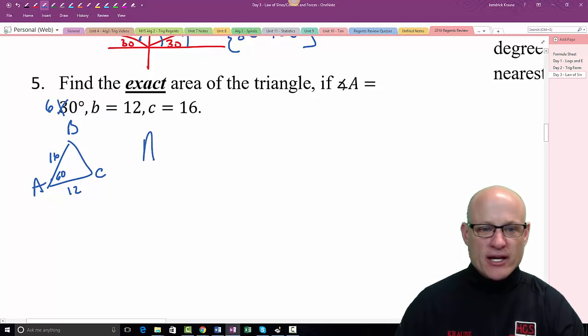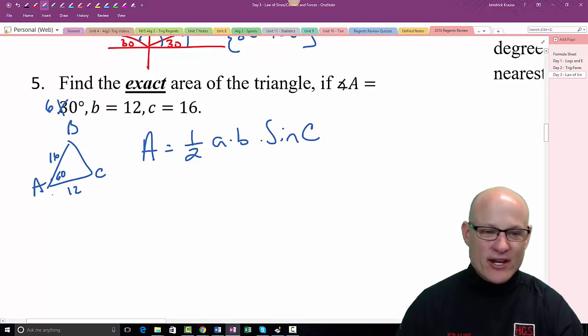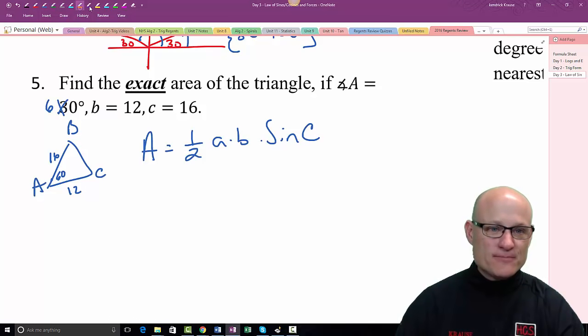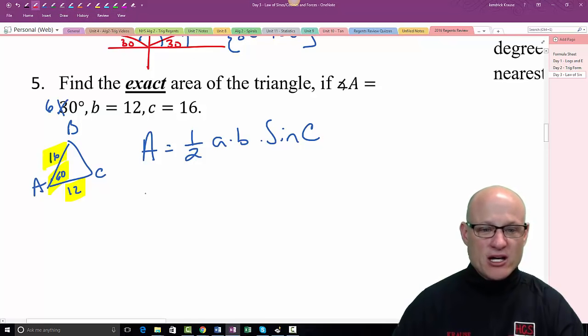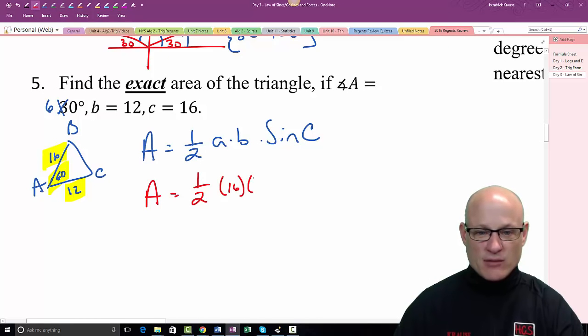So we're going to use this formula. Area equals 1/2 A times B times the sine of C. Now, it represents two sides and the angle in between them. All right, so we're going to just type this in. Now, if I use my calculator, 1/2 times 16 times 12 times the sine of 60 degrees, I would end up with a decimal.